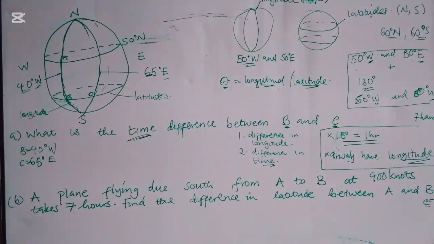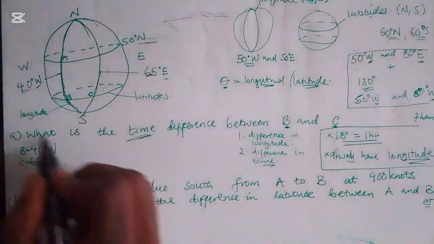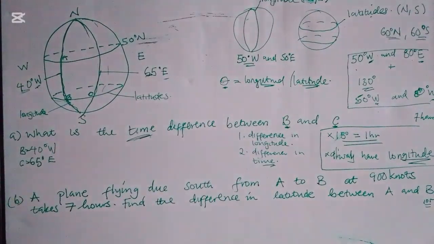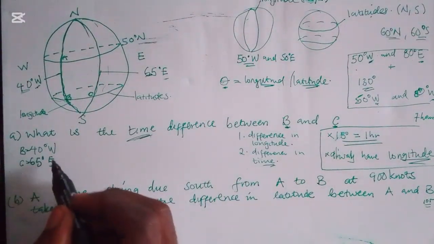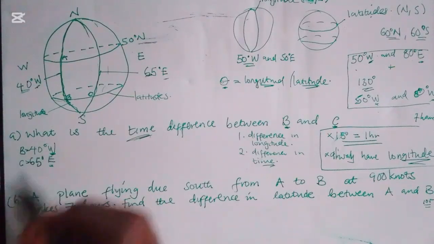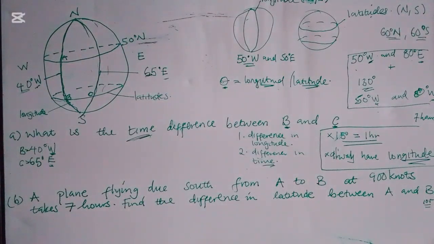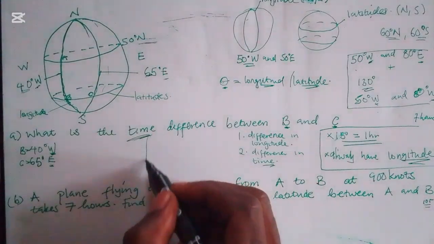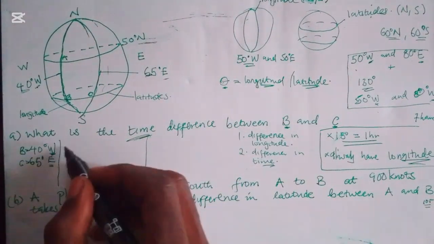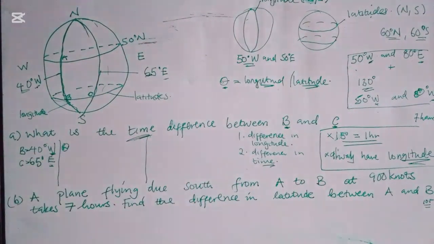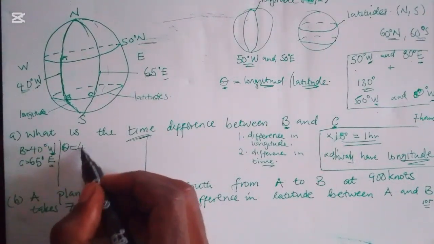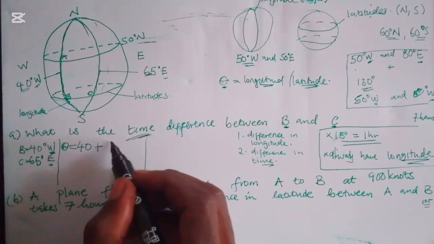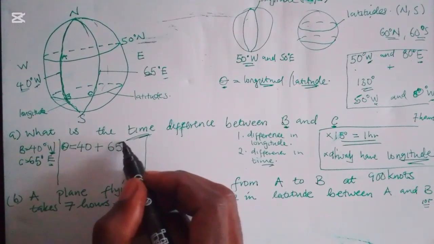Now after finding your longitude, we said that if we have two different sides, we are going to add to find the difference in longitude. So the difference in longitude is equal to 40 plus 65.